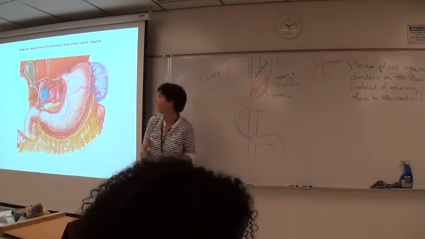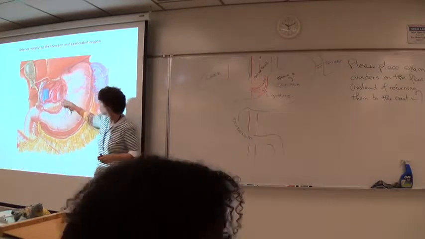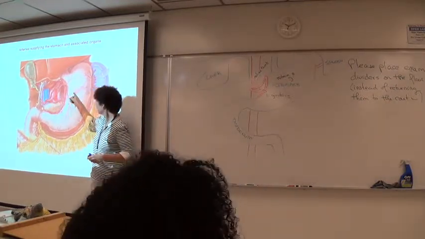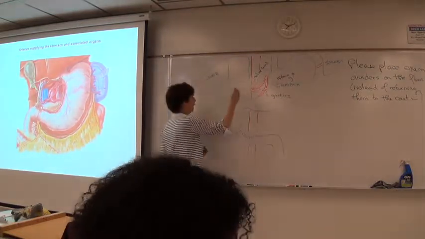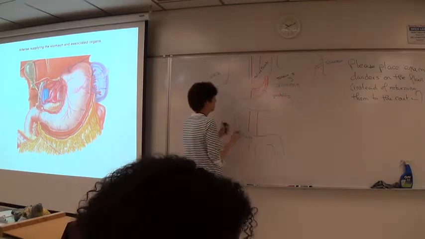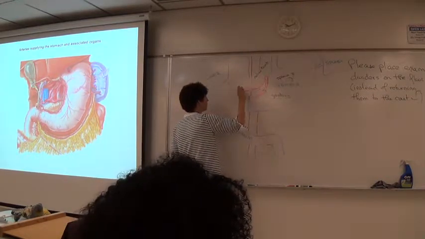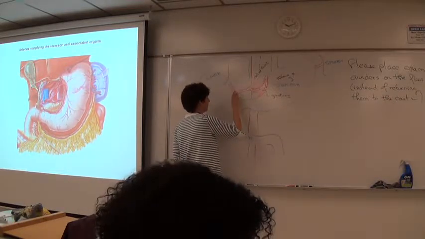That would be this one here, shown behind the stomach. We have left gastric artery, splenic artery, and then going to the liver, we have the hepatic artery. And that's the way we left it, all right?